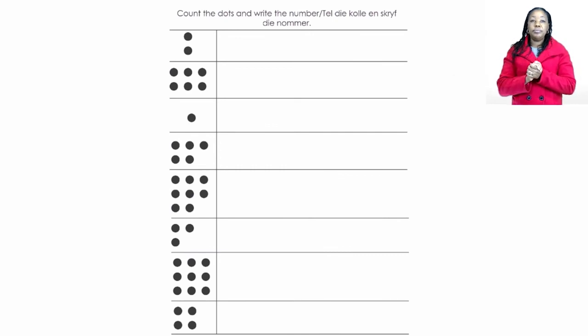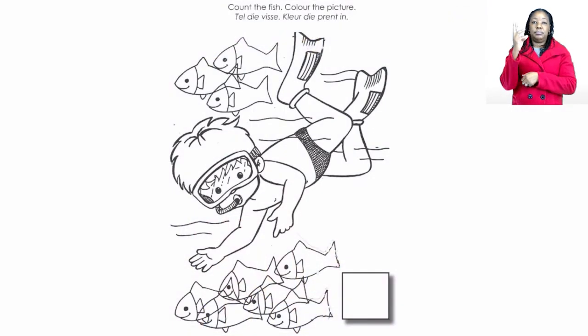Yes, you should write number 6. Now continue counting the number of dots that you find on page 5 and write the number in the lines provided. Well done. Let's turn over to page 6 of the booklet.